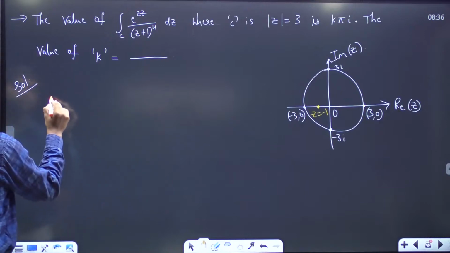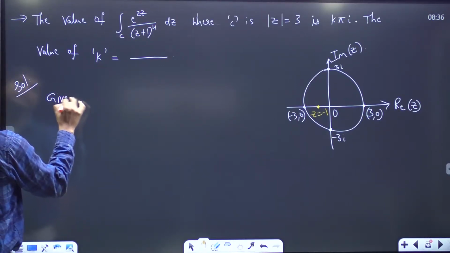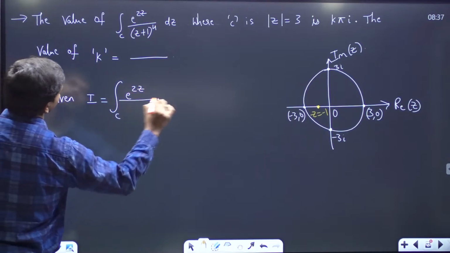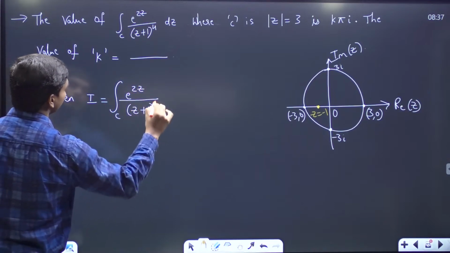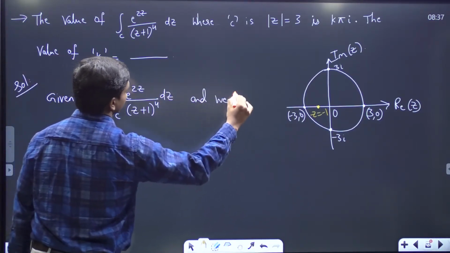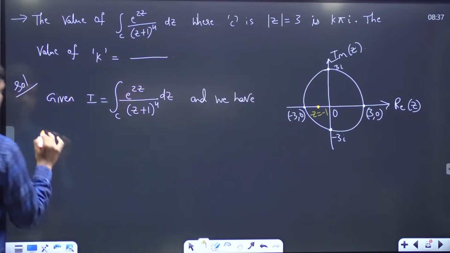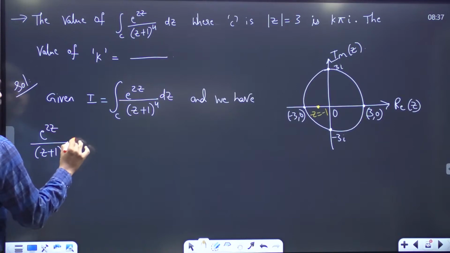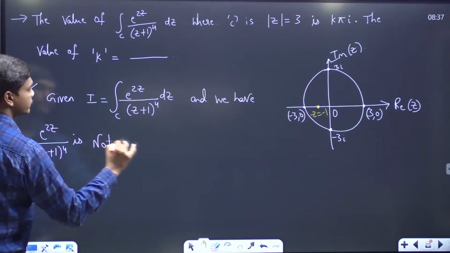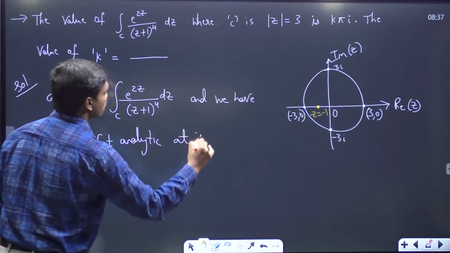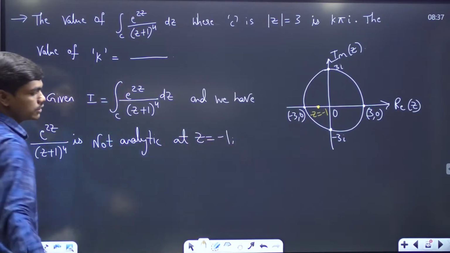Given I is equal to the integral over C of e power 2z divided by (z plus 1) whole power 4 dz, e power 2z by (z plus 1) whole power 4 is not analytic at z equal to minus 1 because the denominator goes to 0, so the derivative doesn't exist at this point. It's obvious.